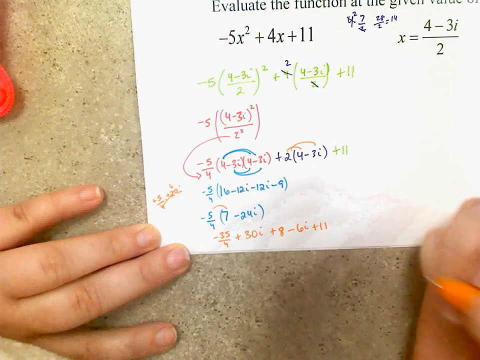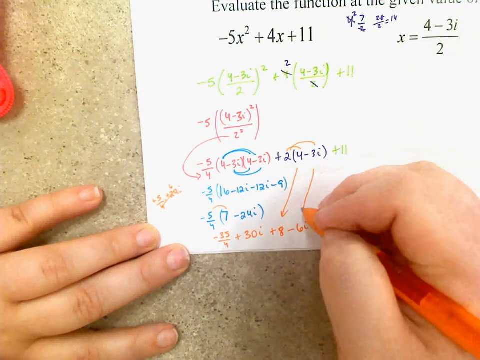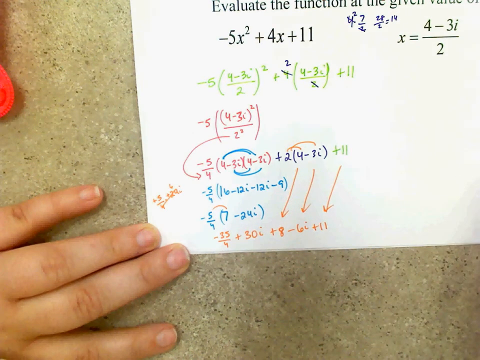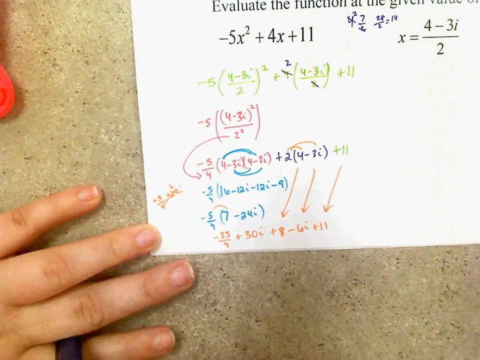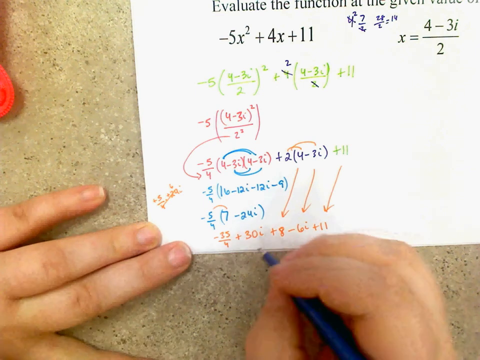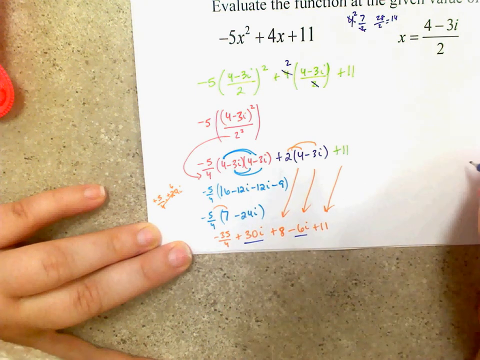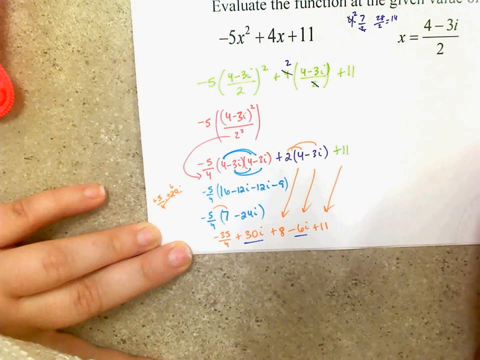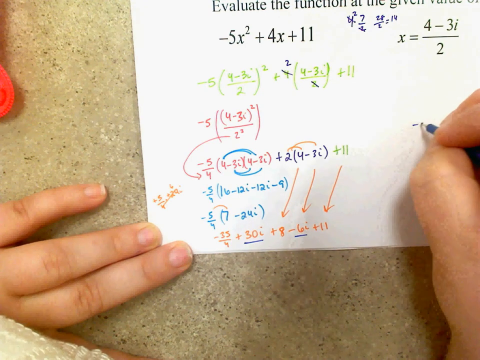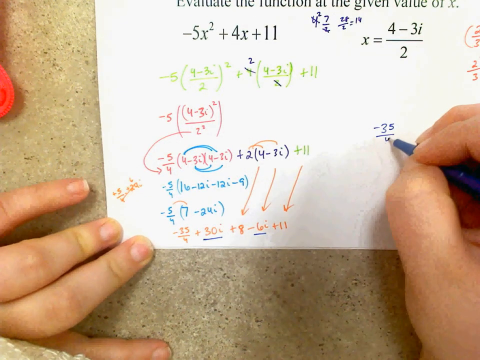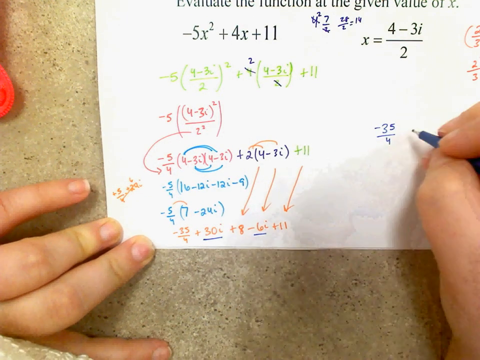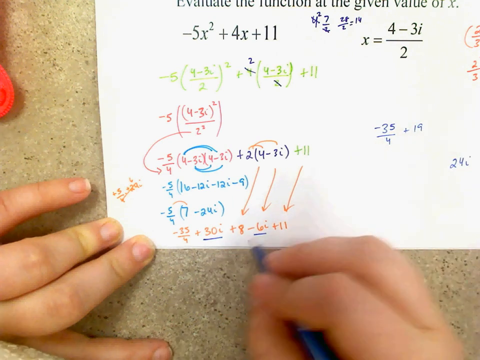Okay, now we just need to combine like terms. So the easy is 30 minus 6i, that's 24i. Now I've got negative 35 over 4 plus 19. Yeah, 8 plus 11. So then let's find a common denominator, because that's the only way we can add fractions.